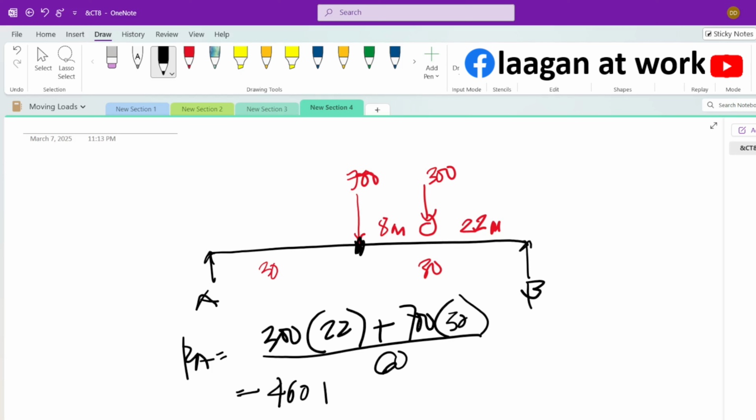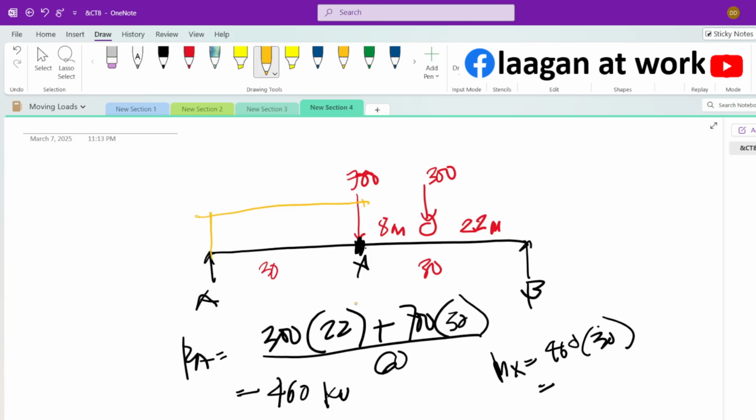460 kilonewton. Now, the moment at a point x at midspan is equal to RA, which is 460, times 30. If you draw the shear and moment diagram, this would be 460 and then straight, then down.